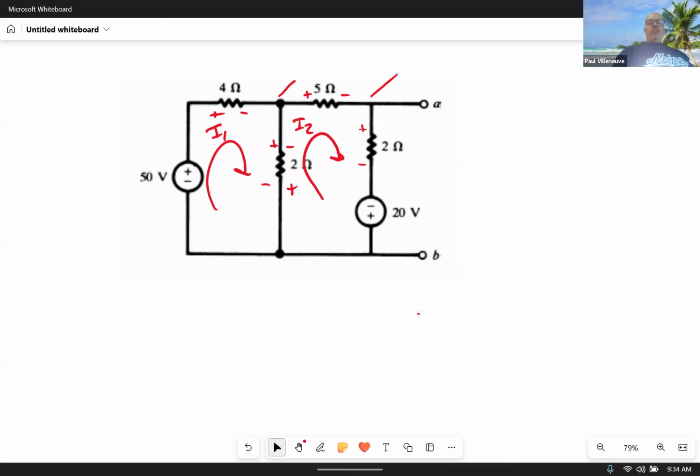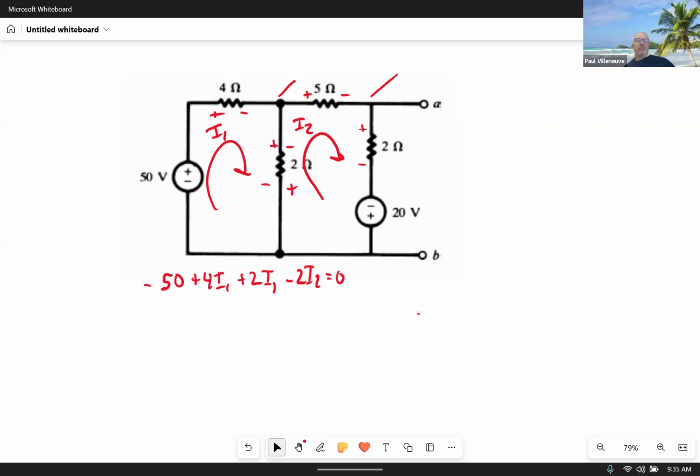So now we can actually start writing equations. Negative 50, because that's a voltage rise, plus 4I1, plus 2I1, minus 2I2 is going to be equal to 0.